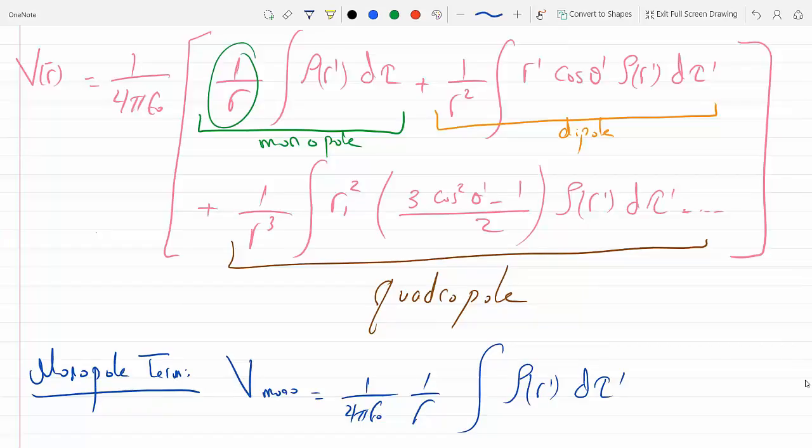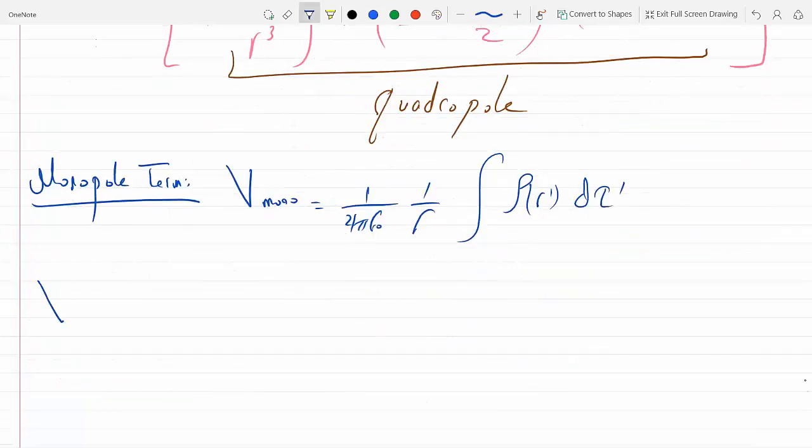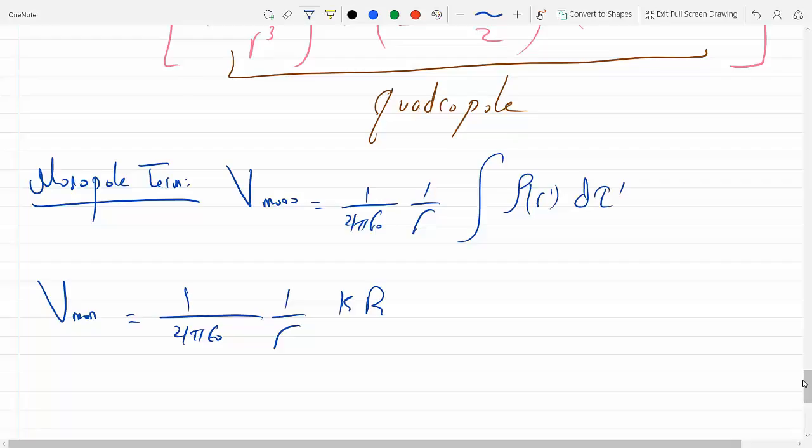So we get 1 over 4 pi epsilon, 1 over r, and rho, I can pull out the constants. k r, and then the rest has to stay inside.